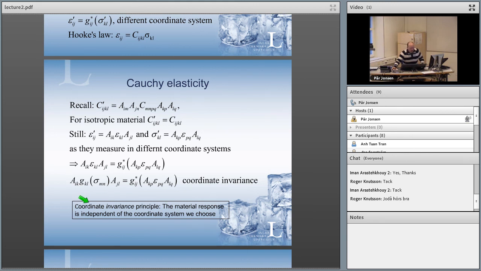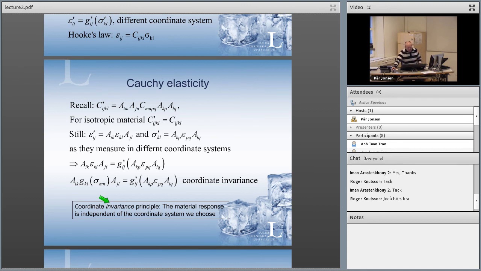But still, as I told you, this strain tensor, you need to transform it because it's another thing. Even if the material is isotropic, the strain and the stresses are measured in the coordinate system that you work in. So that is important. You always need to transform those properties.